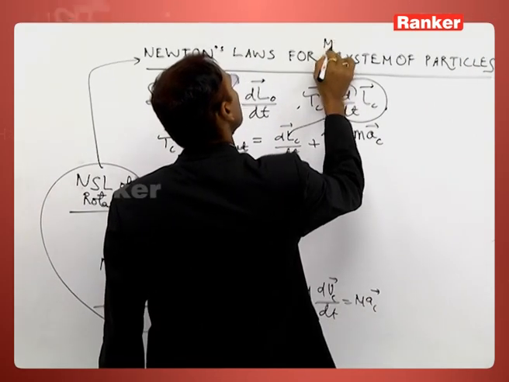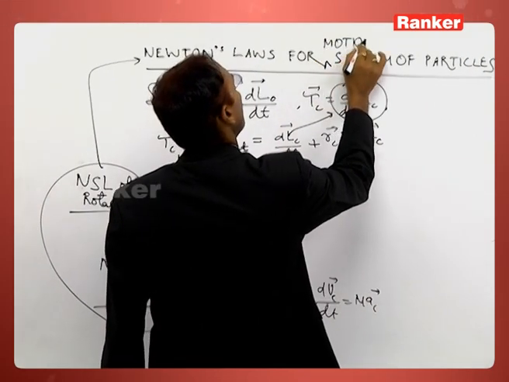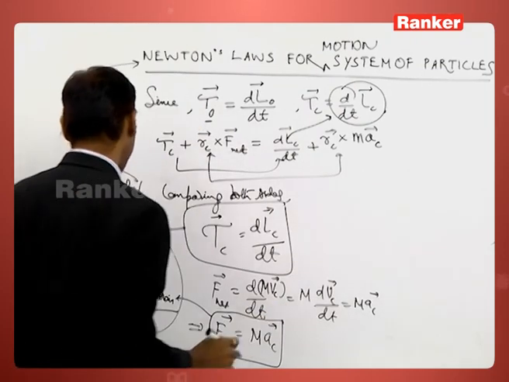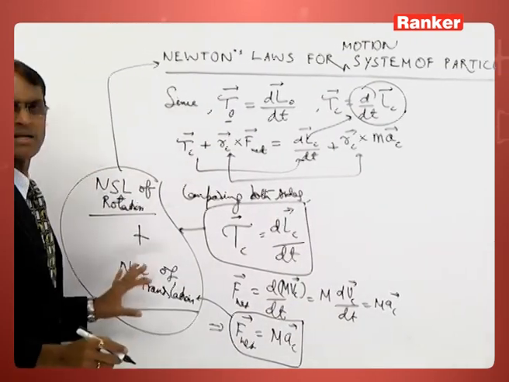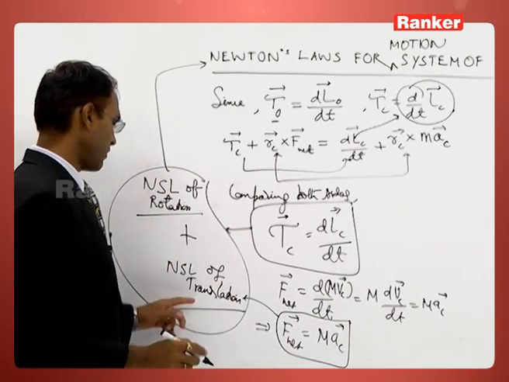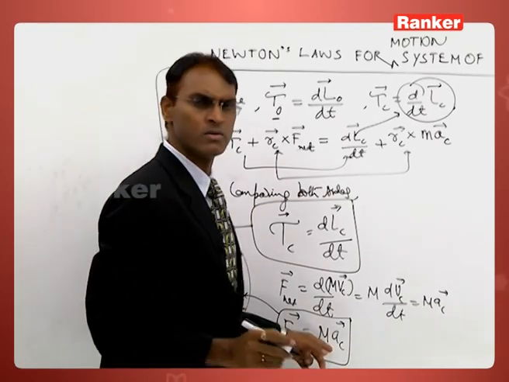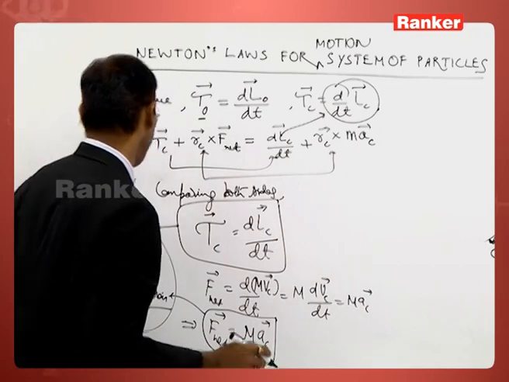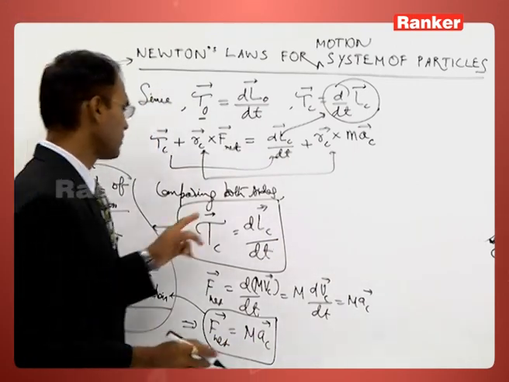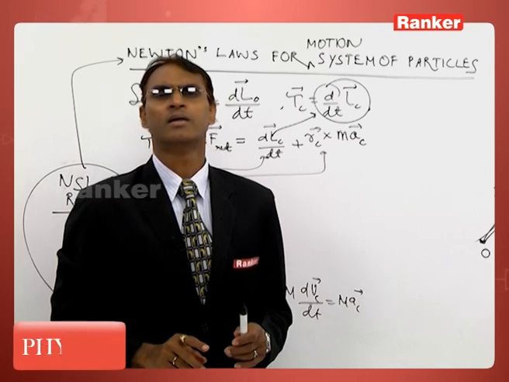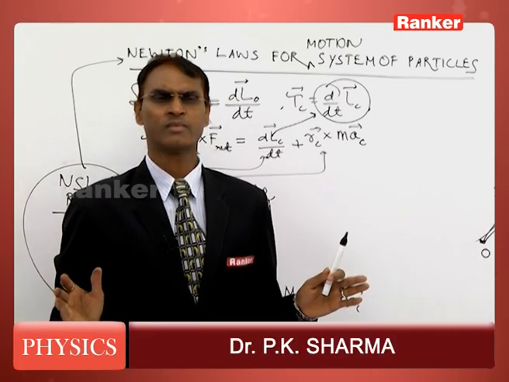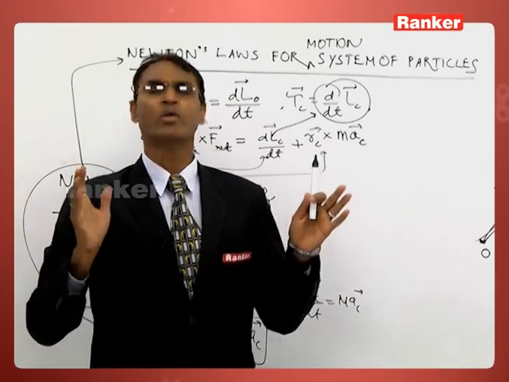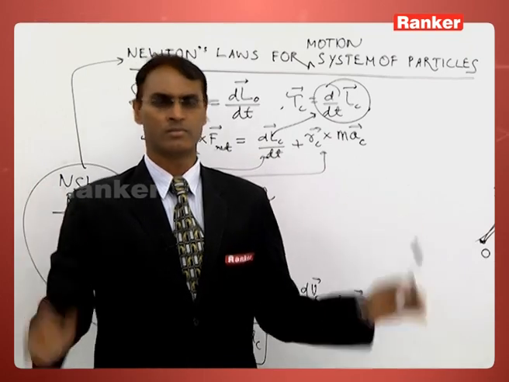For motion of system of particles, there are two types of motion, rotation and translation. When you call translation, you should see whether the center of mass is moving or not. If you say rotation, you should see whether the system will possess a non-zero angular momentum with respect to the center of mass or not.